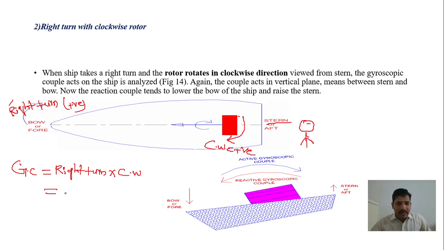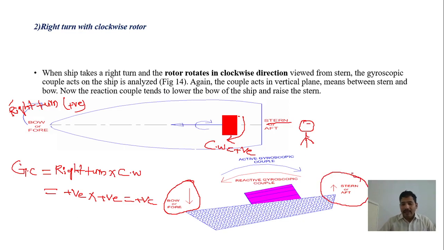Right turn is considered positive, and clockwise rotation of the rotor is considered positive only. Positive into positive is positive. So the gyroscopic couple direction is positive. So what will be the effect on the ship? The reactive gyroscopic couple lowers the bow and raises the stern.